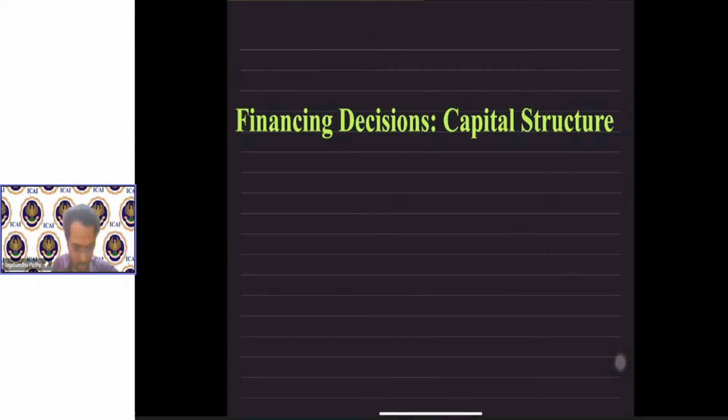So in this way, the total funds that we're raising is 10 lakh. So these are the 3 plans through which we are going to raise the funds. 3 plans, 10 lakh, 10 lakh, 10 lakh. But the way in which we are going to raise the funds is different because the capital structure of this 10 lakh is different, right?